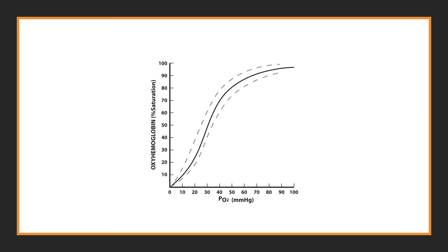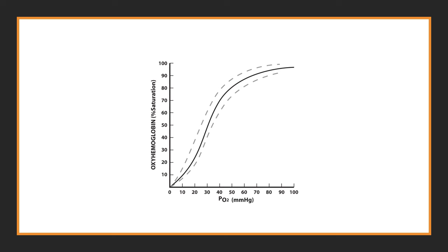We can also see that in the areas of the body where the partial pressure of oxygen is about 40 millimeters of mercury, also known as resting tissue, there is about a 70 to 75% saturation of hemoglobin.